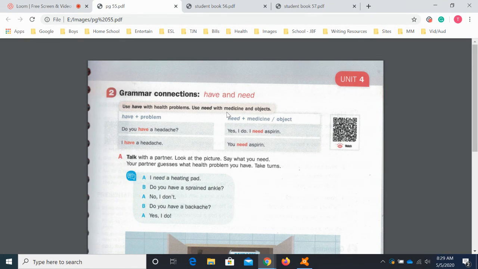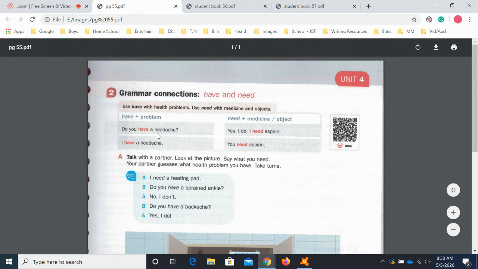I need an aspirin, or I have a cut. I need a bandage, or a Band-Aid. So when you write your sentences, or when you speak your sentences, you say have plus the problem, and then you say need plus the medicine or the object.